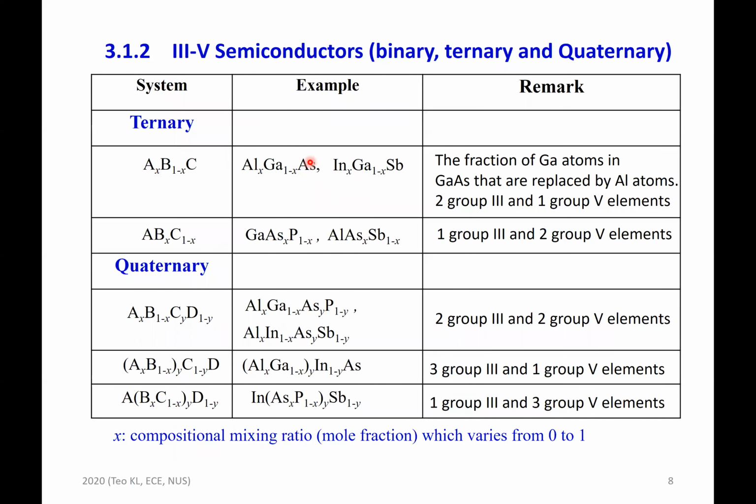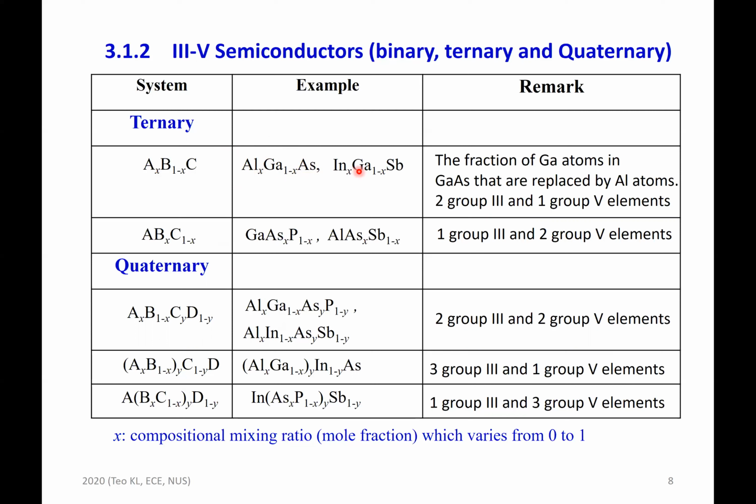You grow in excess of arsenic, and you control the mixing ratio of aluminum and gallium, where X is the compositional mixing ratio, and in this case the fraction of gallium atoms in the gallium arsenide that are replaced by aluminum atoms. So 2 group 3 and 1 group 5.